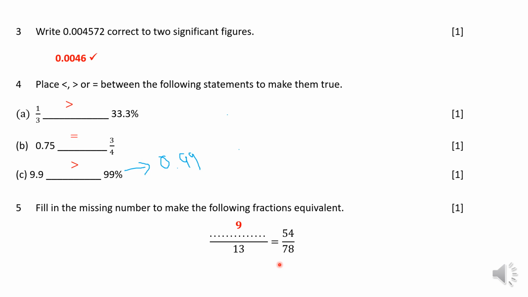So, as I was saying, you take 78 on your calculator and divide it by 13, and you get 6. Once you get 6, you multiply by 6 here, so you can find this number by dividing 54 by 6 in order to find that 9.